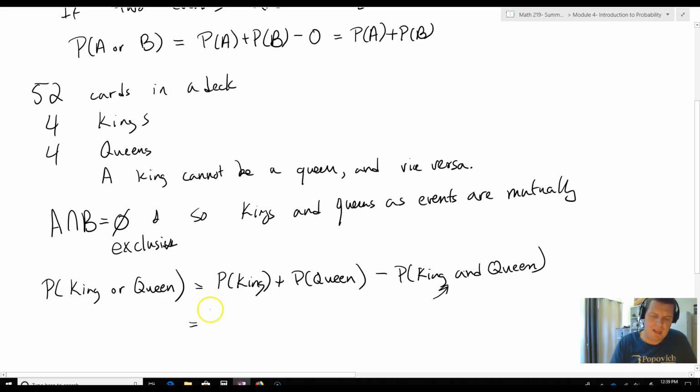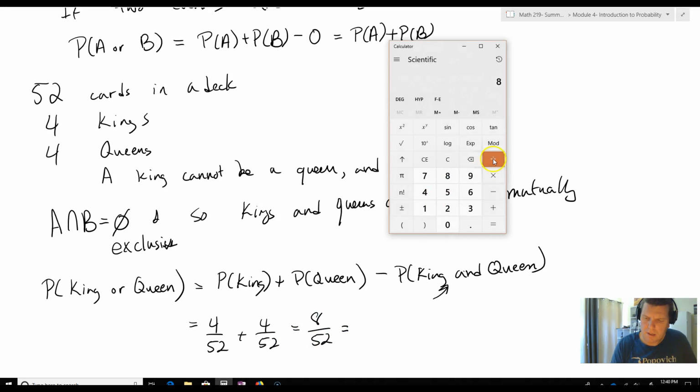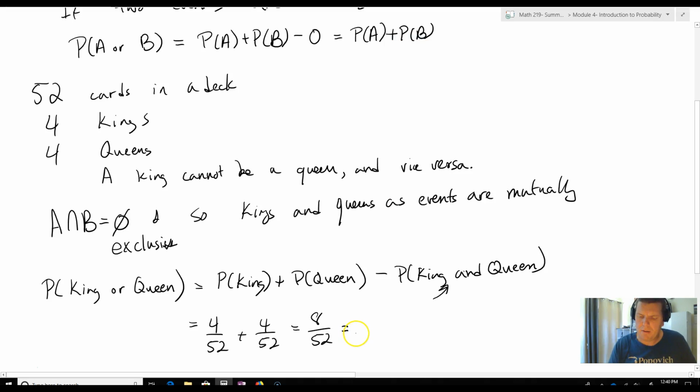So it's going to end up just being 4 out of 52 plus 4 out of 52, which is 8 out of 52, which equals 0.154.